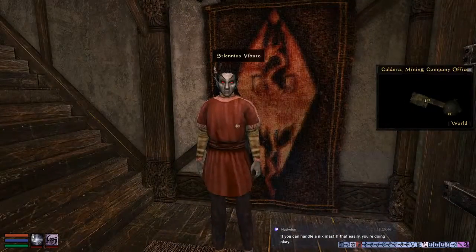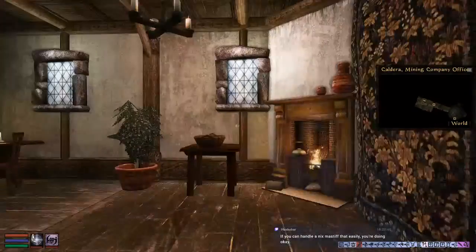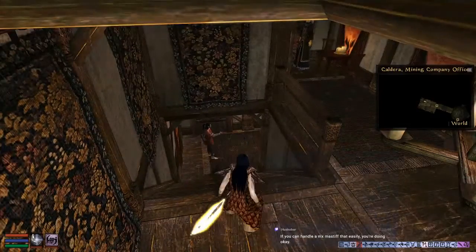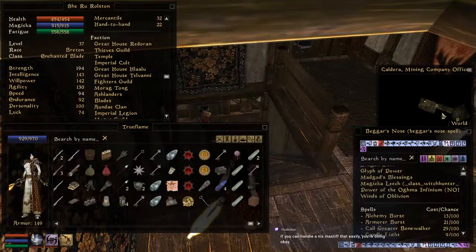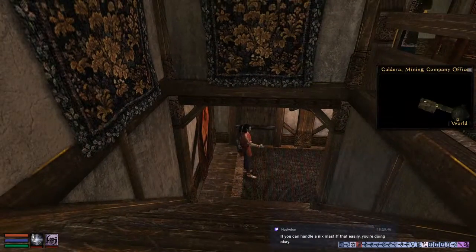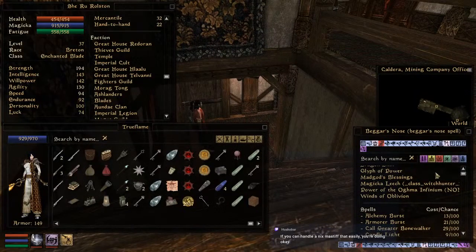I don't know, maybe he's having the... How can we pickpocket from here?